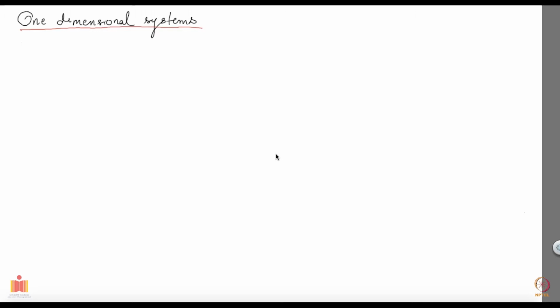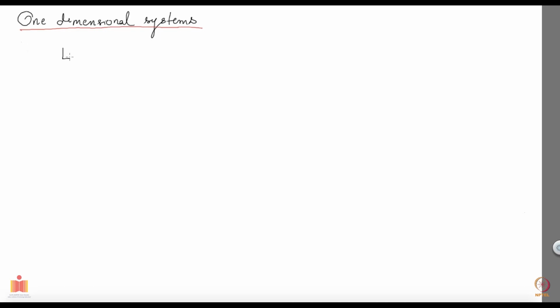If I want to write down the Lagrangian of a one-dimensional system, which I'm going to label by a coordinate q, the generalized coordinate q, then the Lagrangian would be, as you are already familiar, the following.